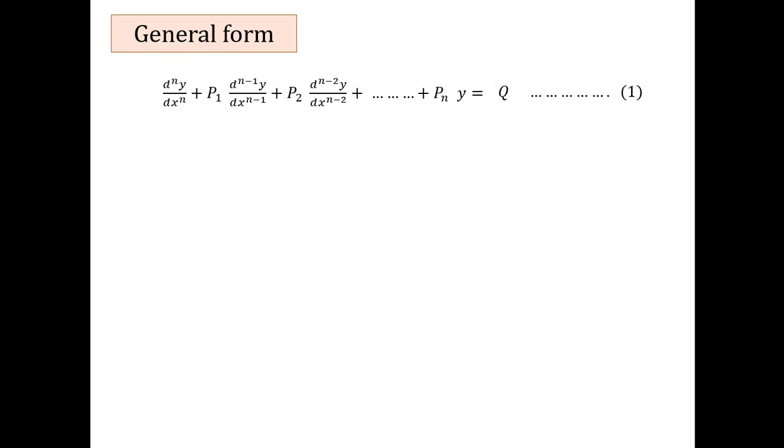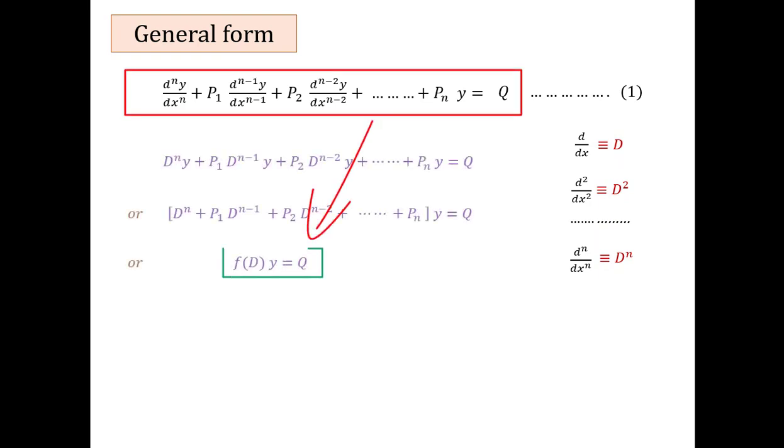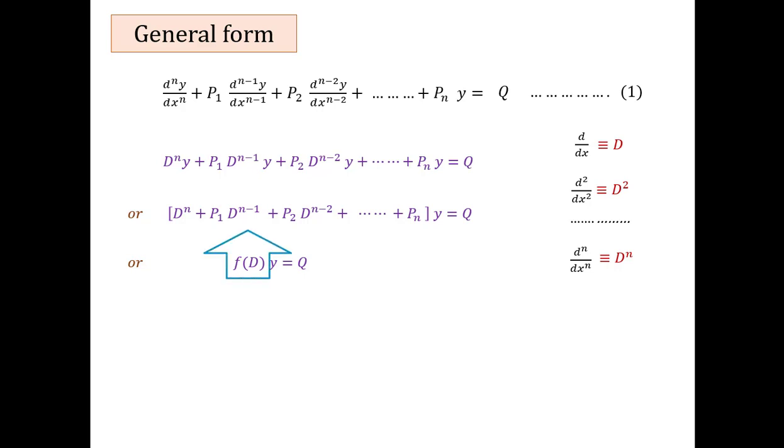Now, for convenience, the operators d over dx, d2 over dx square, in general d power n over dx power n can be denoted by capital D, capital D square, or in general capital D power n respectively, which are differential operators. Therefore, in symbolic form, equation 1 can also be written as f(D)y = q, where f(D) is an algebraic equation in D of degree n.